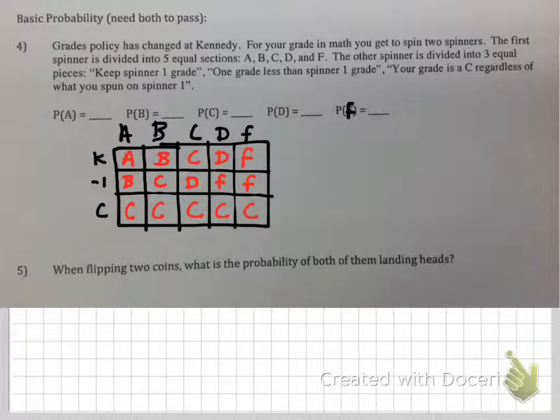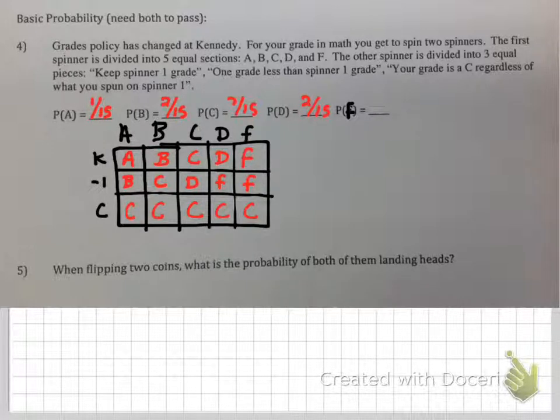Probability of getting an A. Well, you can see there's 1 square that has an A out of a total of 15. So that'd be 1 out of 15. Probability of a B, it looks like there's 2 B's out of 15. Probability of a C, there's 1, 2, 3, 4, 5, 6, 7 out of 15. Probability of a D, well, there's 2 possibilities out of 15.